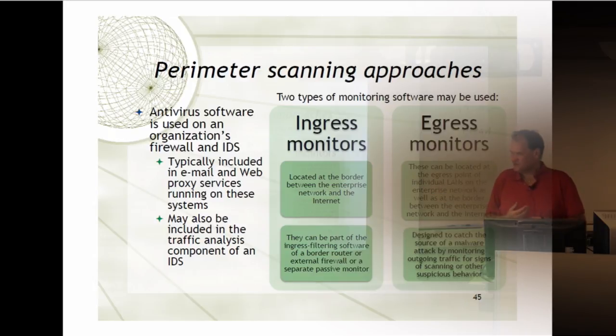But the egress monitor is also important, because in the egress we can see traffic from inside going out. And here we can detect, for instance, a zombie that is trying to contact its control machine, or we can see an infected machine on the inside trying to spread a virus to someone on the outside.